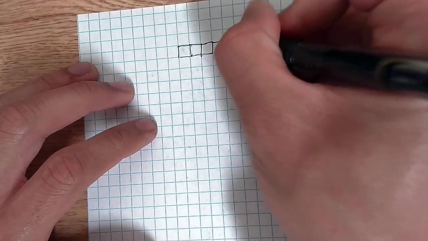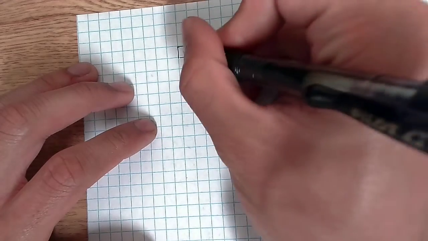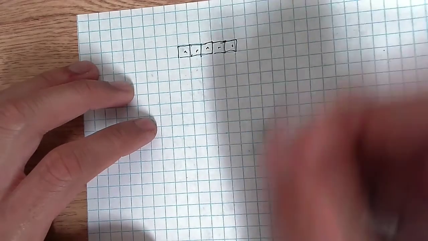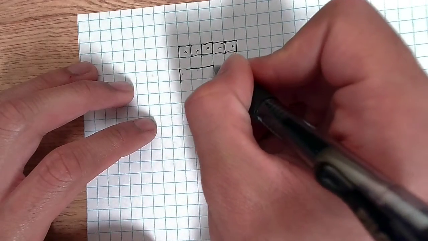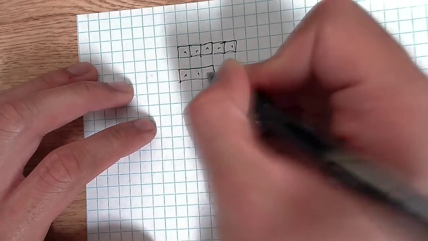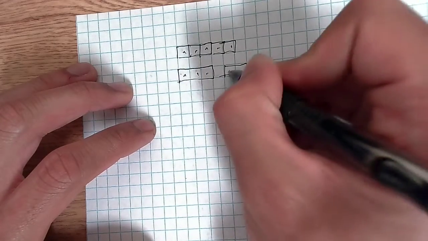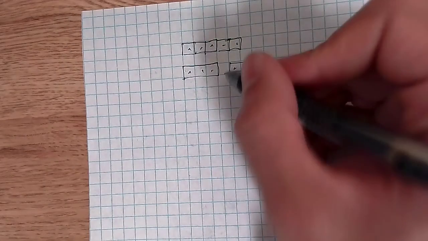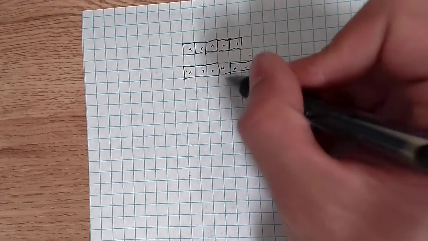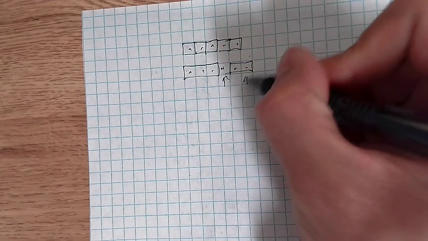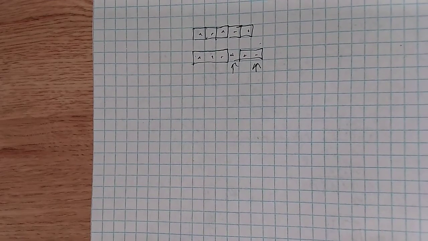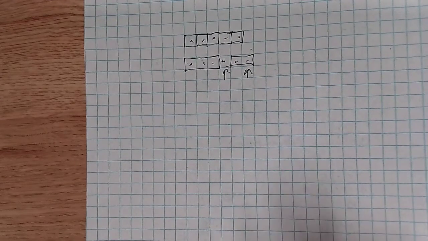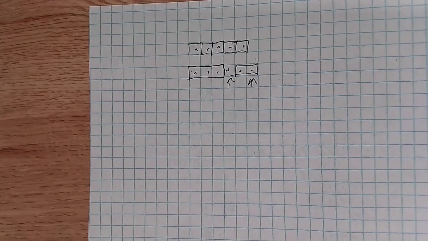We start with a valid polyomino always, like this, okay? But when we remove a piece, we might end up with an invalid polyomino like this. We know that we moved this piece here. So how are we going to make that into something we can use to our benefit?